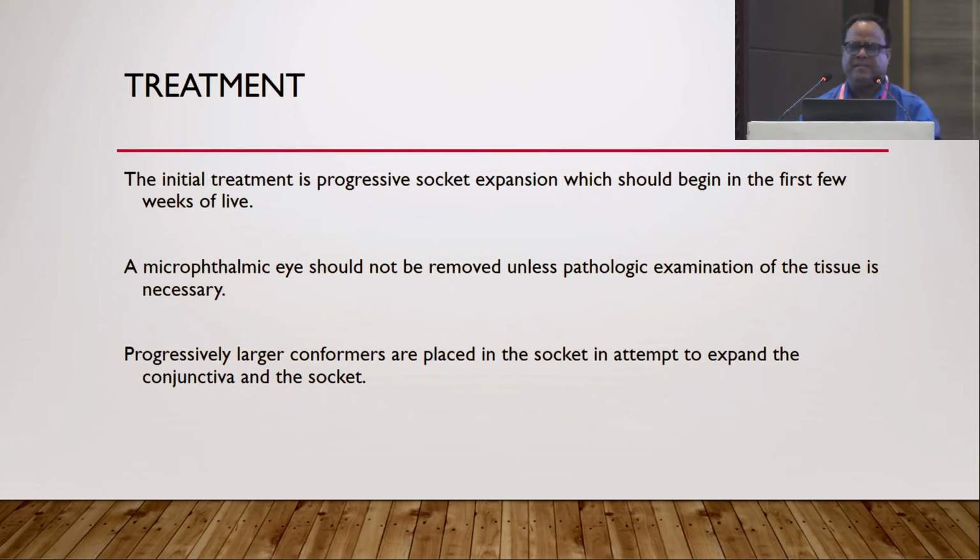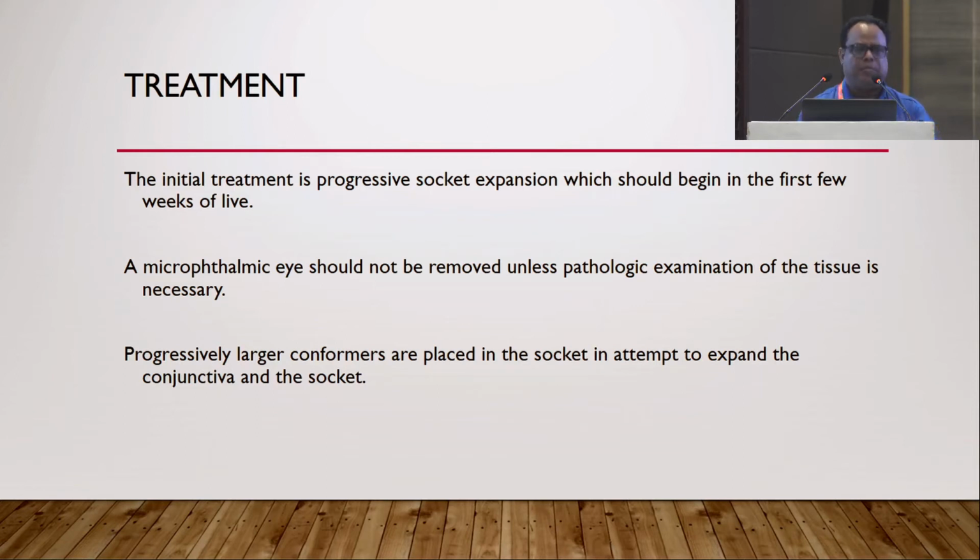But if the cyst is very small, then we can go for a socket expander, but it is a little expensive. So in our routine practice, we can go for a conformer exchange. My one technique is the conformer exchange, along with a fornix forming suture, we can try it.